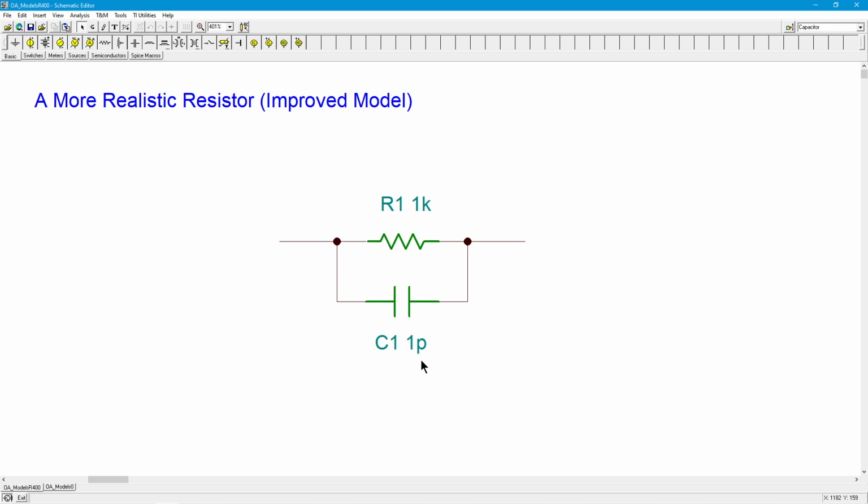Might be a picofarad, might be 0.2 of a picofarad, all depends. So we try to make components, resistors, inductors, capacitors, diodes, operational amplifiers, transistors, whatever it is, as close to ideal as possible within certain constraints. And one of those constraints obviously is going to be cost.